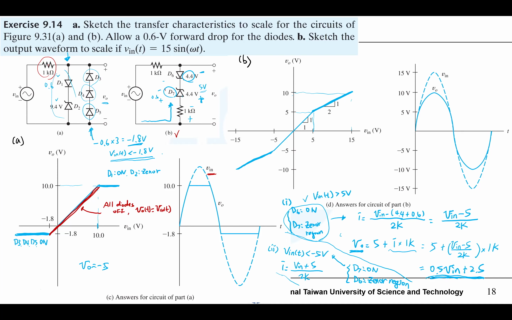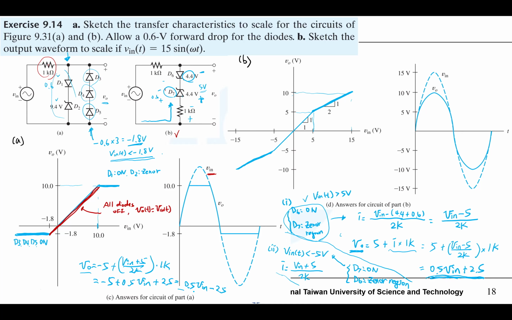let's see, V plus, how about V in plus 5 divided by 2, that's 1K. Let me check this first. Plus, this is 0.5 V in, and plus 2.5 is 0.5 V in, minus 2.5.